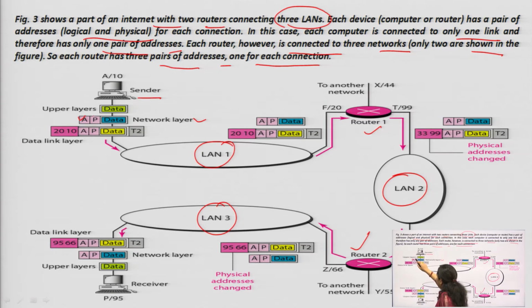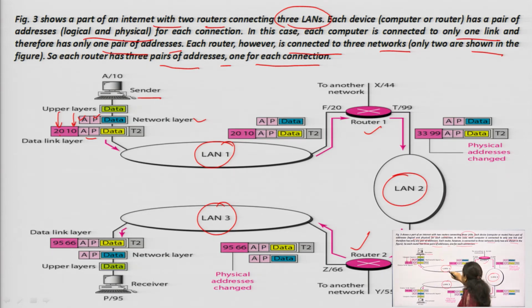This is A and P, the logical address, and then the physical addresses will be added: the destination physical address, the receiver physical address, and this is the logical address. So, this is how the frame will be formed at the data link layer.